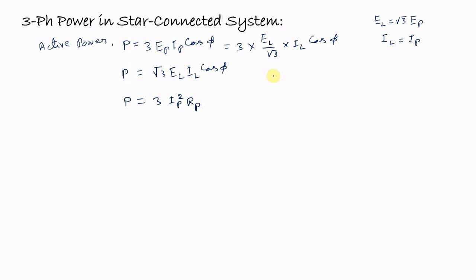Here you must remember that although we can use 3 E phase I phase cos phi or root 3 EL IL cos phi, in both cases the phi is the angle between phase voltage and phase current.